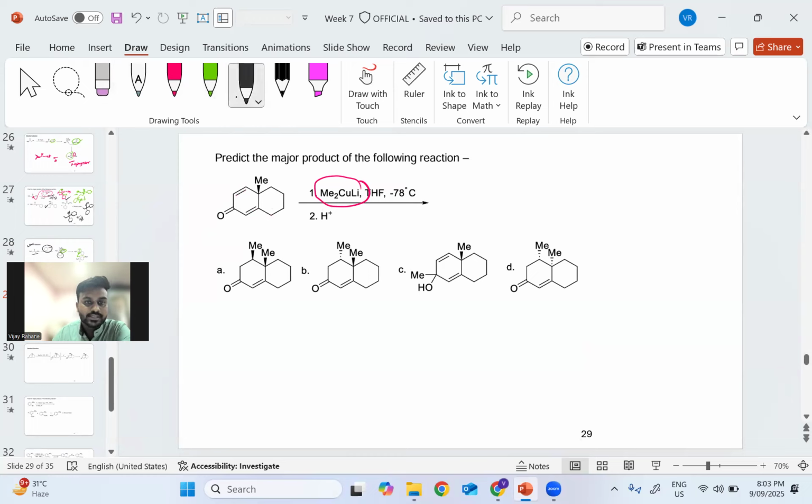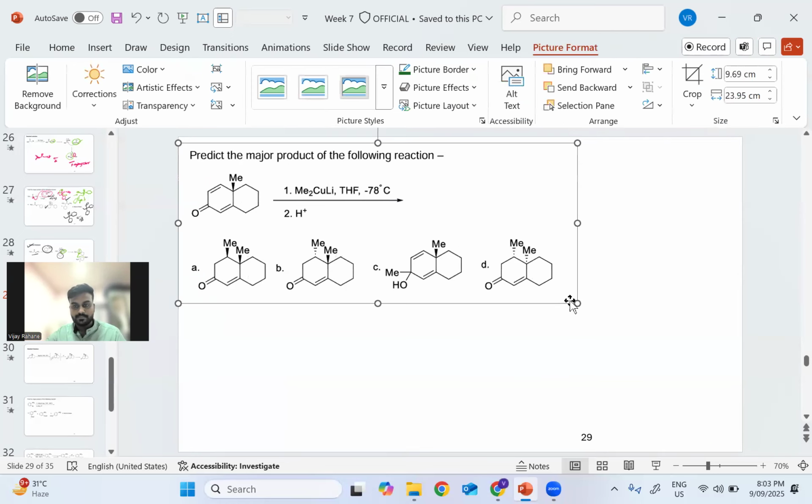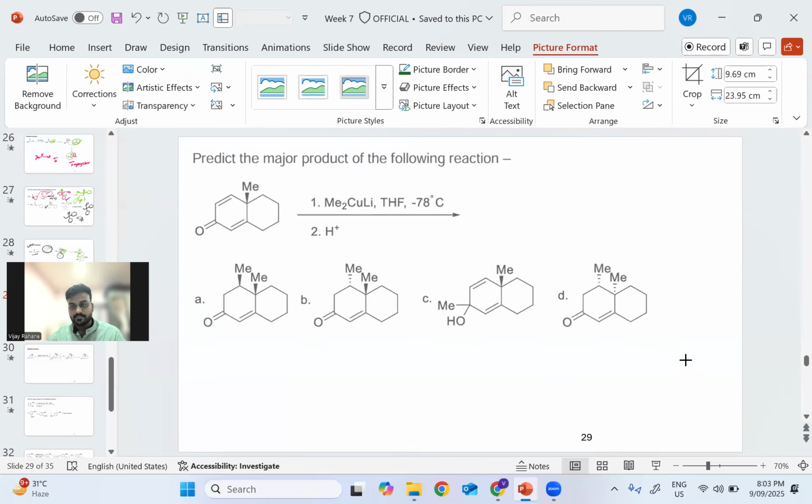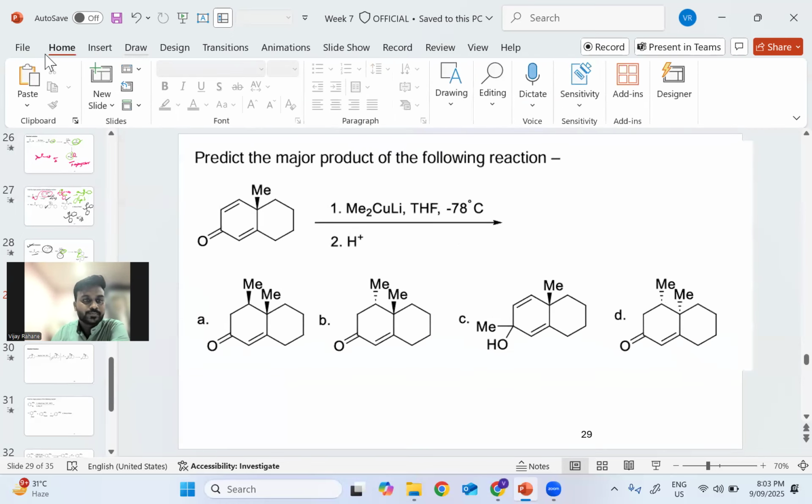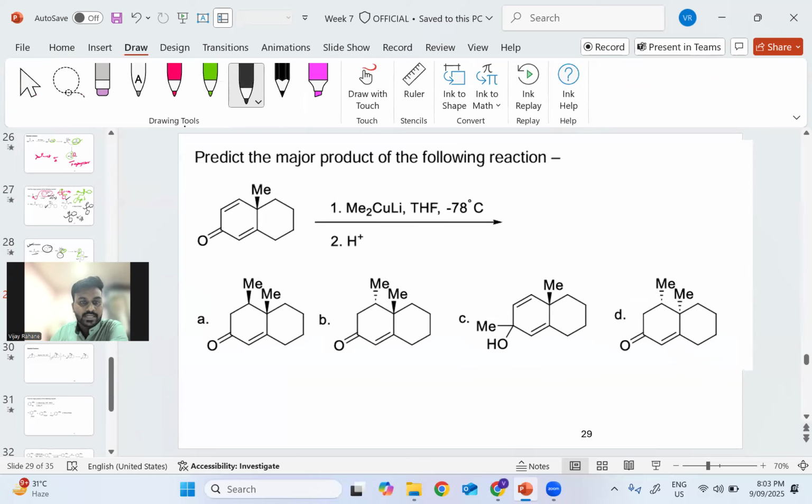Here this is A and this is B. There are two positions available. The attack can take place either on this or on this. So two options are available.